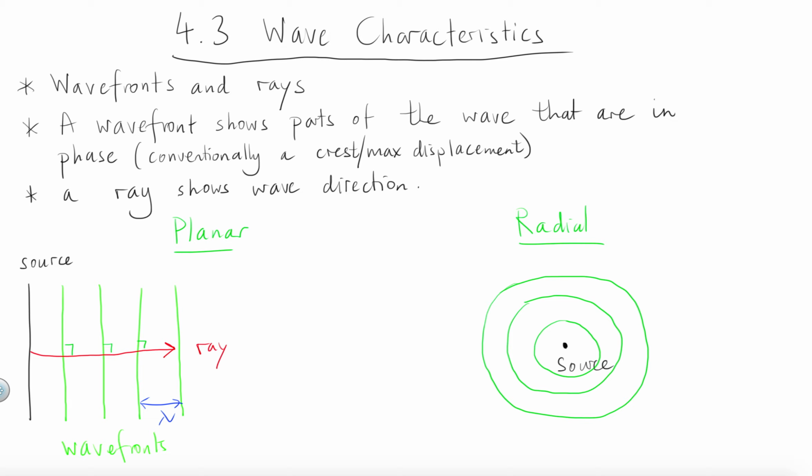There we are, but the wave is radiating out from the center of the source, so the rays look like this. Still 90 degrees to the wavefronts, and there's still one wavelength between consecutive wavefronts. So that was wavefronts and rays.